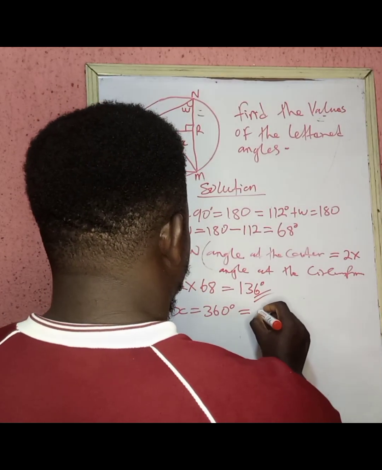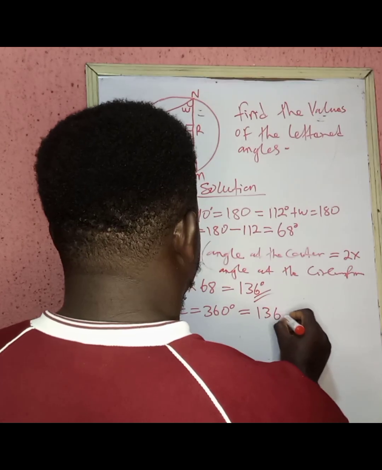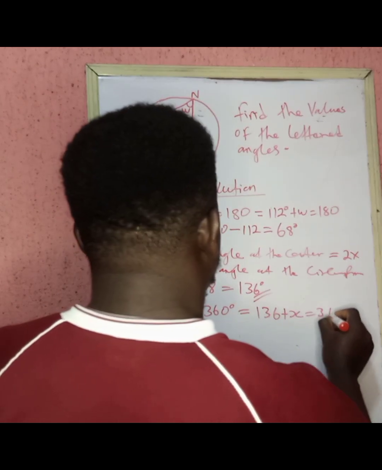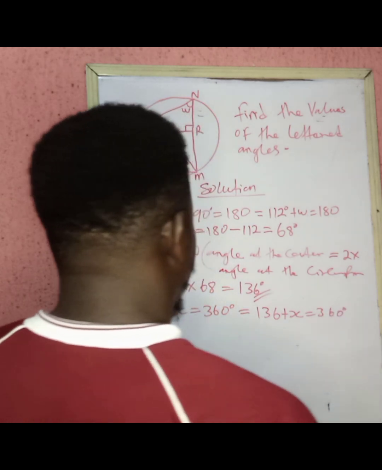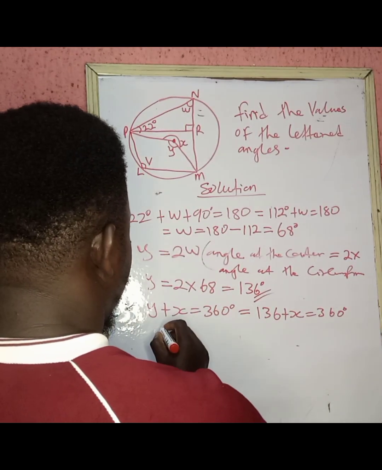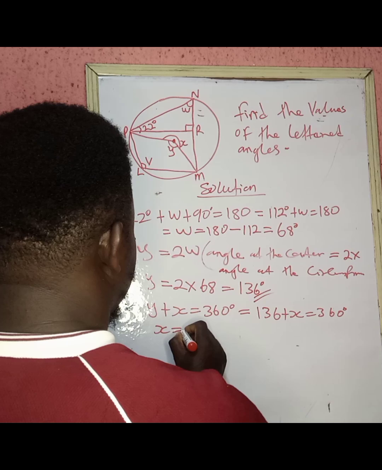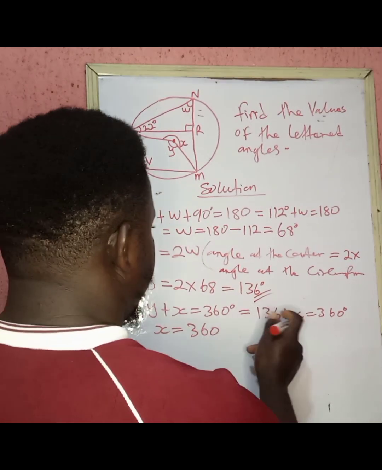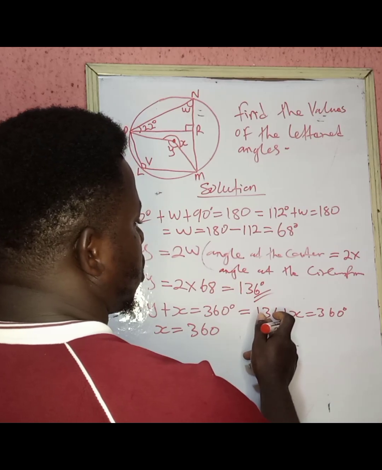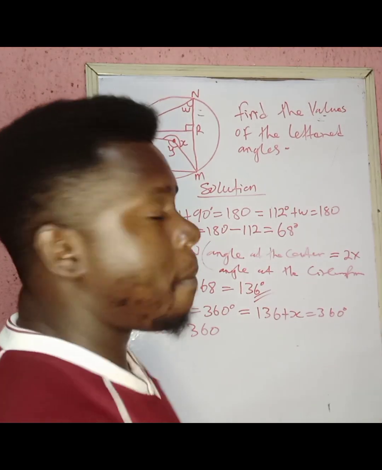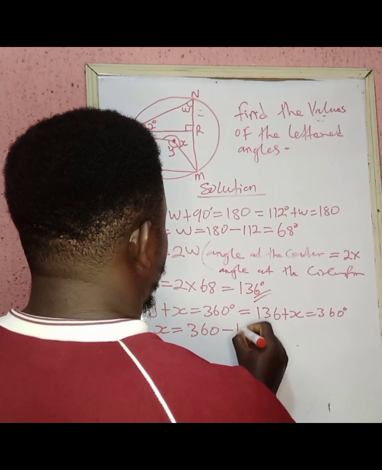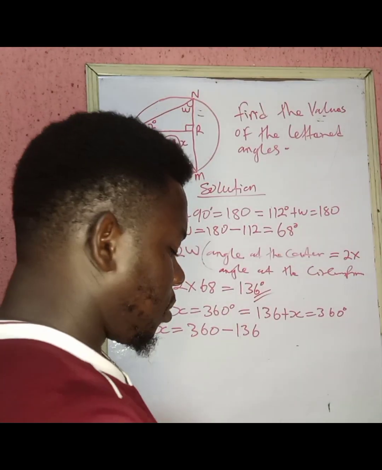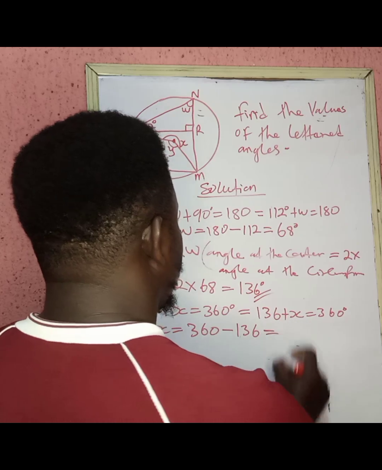Our Y is 136, plus X is equal to 360 degree, which will now say our X is equal to 360. If this plus crosses this equation side to become minus 136, that should give us equal to.